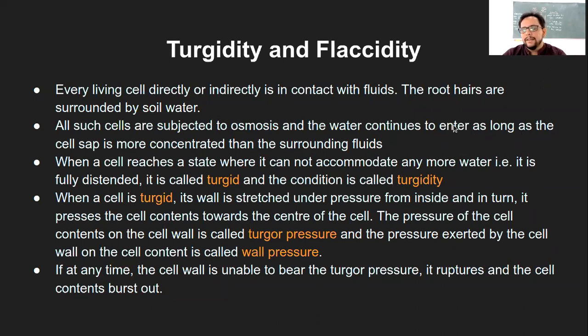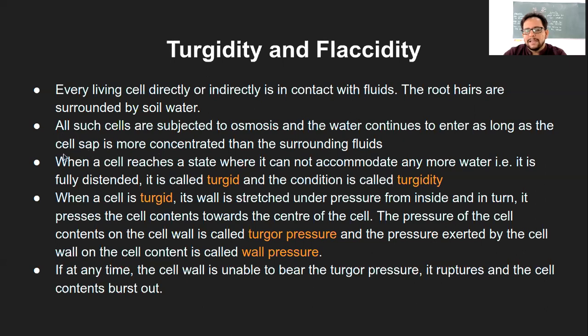And the root hair, in case of a plant, is surrounded by the soil water. So there will always be a question of turgidity or flaccidity, depending on the concentration of water present. Now, all such cells which are in contact with water are subjected to osmosis, that is the movement of water across the membrane, and water continues to enter as long as the cell sap is more concentrated.